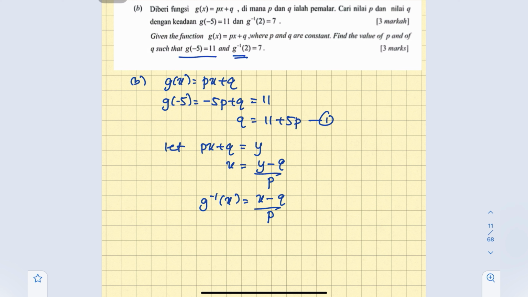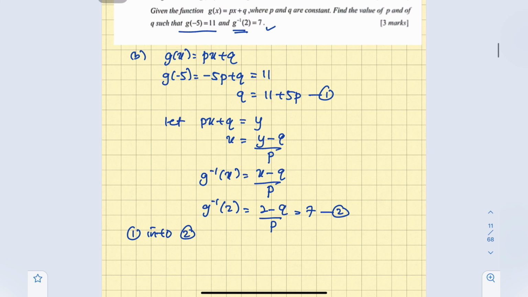Okay, so then given the second information, g inverse of 2 equals 7. So we substitute. So g inverse of 2 equals (2 minus q) over p equals 7. Okay, so this is the second equation. So equation 1 into 2, by using simultaneous equations, we can find it. So this one, we substitute: (2 minus (11 plus 5p)) over p equals 7.